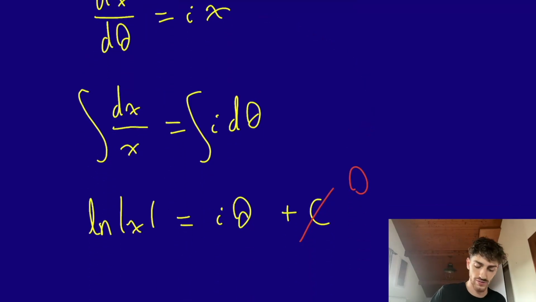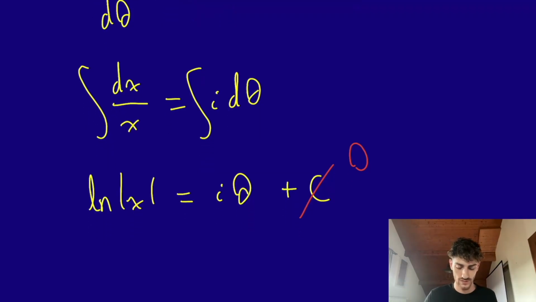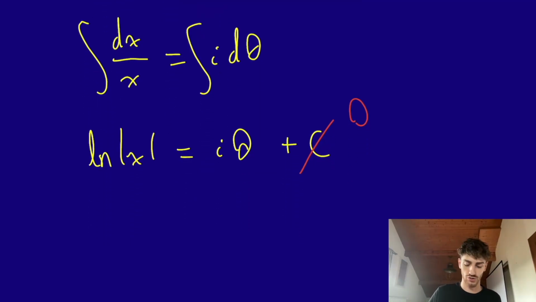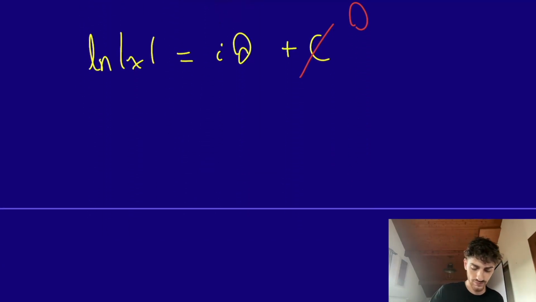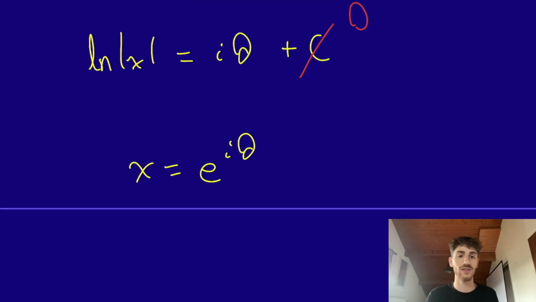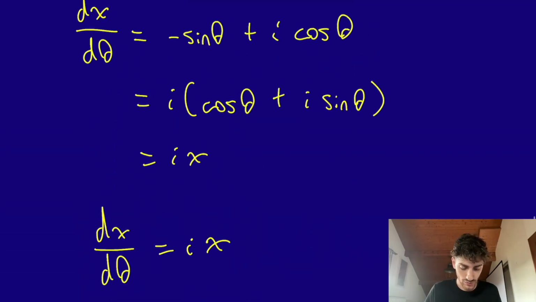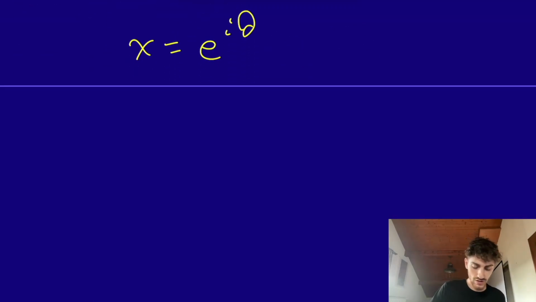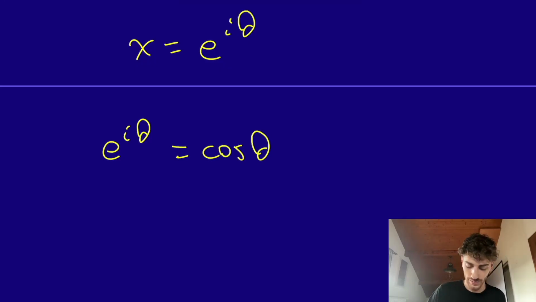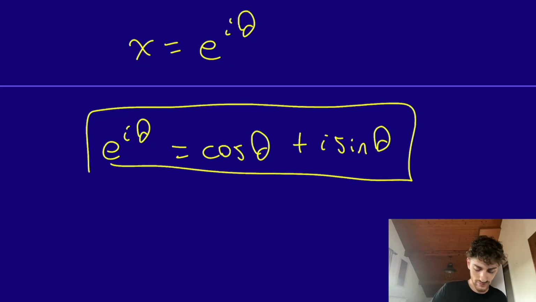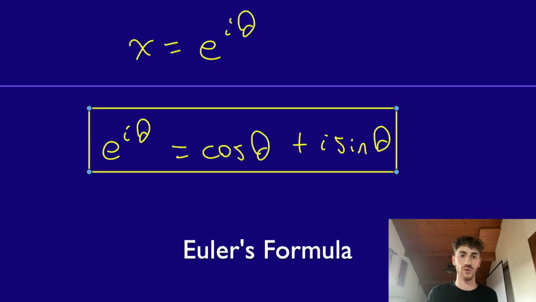I won't do that here. It's really simple. So I'm just not going to include it. I can rewrite this as x equals e to the power of i theta. So then, there you go, that's Euler's formula. What was x? x was cos theta plus i sine theta. So that means that e to the power of i theta equals cos theta plus i sine theta. And that's Euler's formula right there.